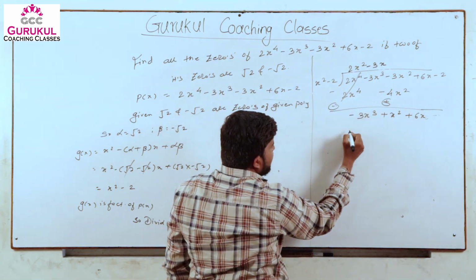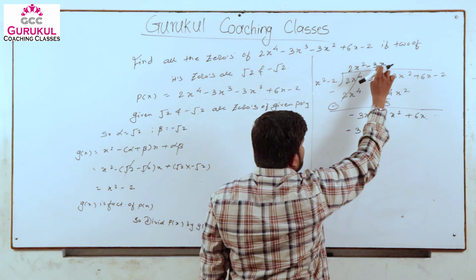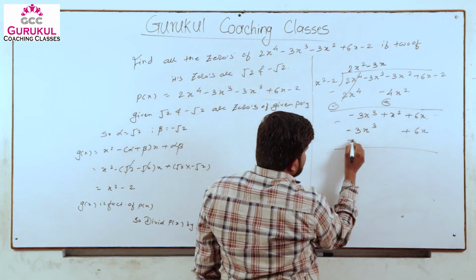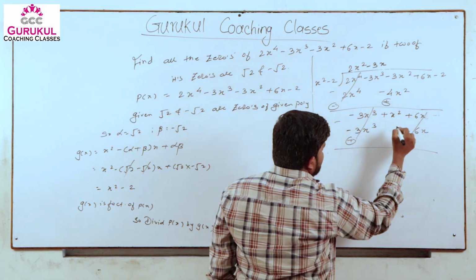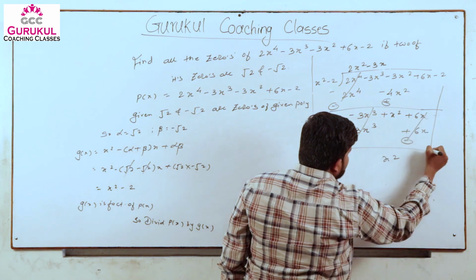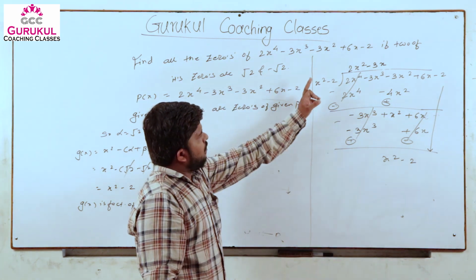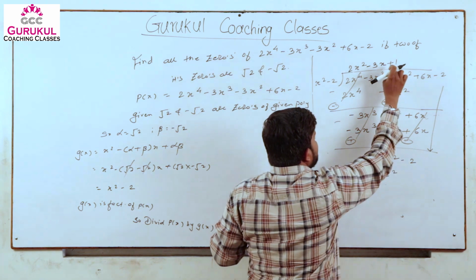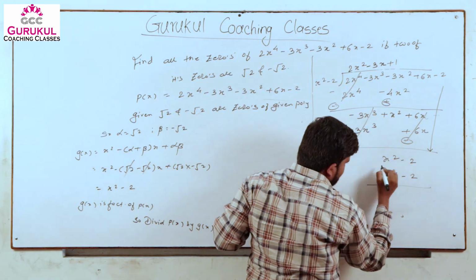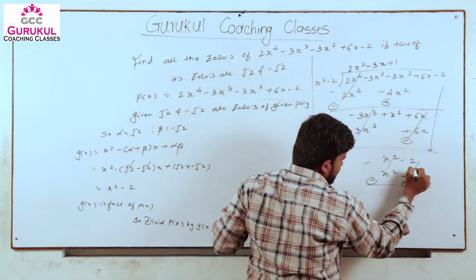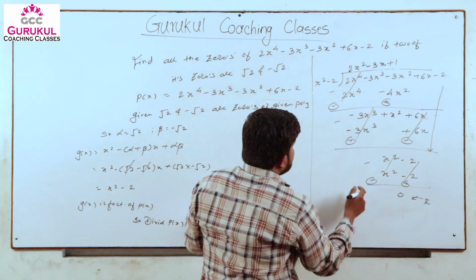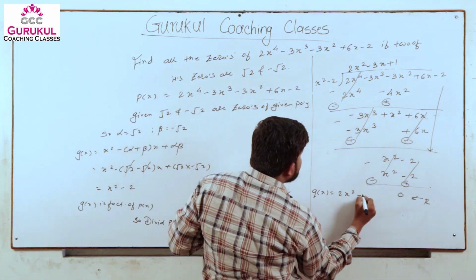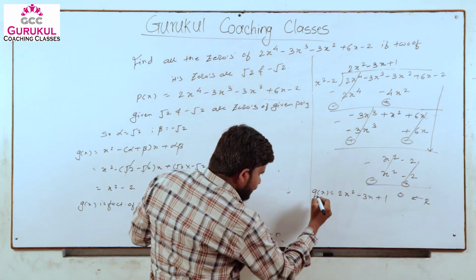Minus 3x into x square is minus 3x cube, minus 3x into minus 2 is plus 6x. Minus plus minus, cancel. Then x square minus 2: multiply by 1, 1 into x square, 1 into minus 2. Minus plus, cancel, 0. Now q of x is equal to 2x square minus 3x plus 1.